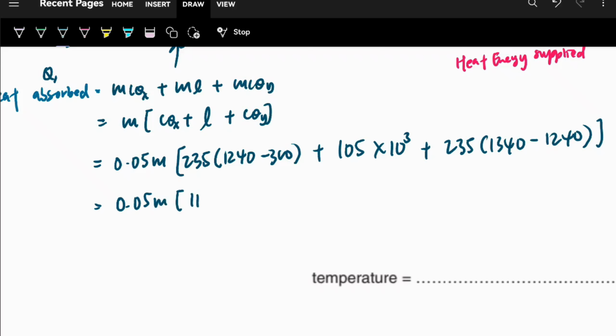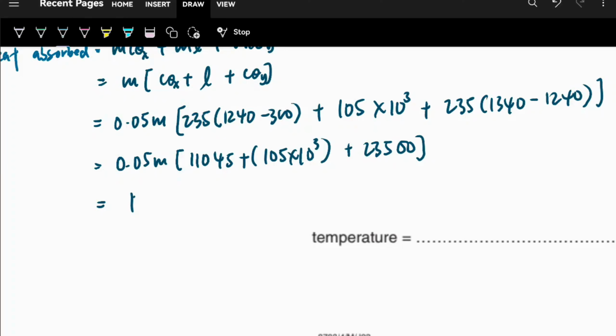This will give me 11045 plus 105 times 10 to the power of 3 plus 23500. And I will get 17470 M. So you'll get it in terms of M because you have your M here. So that is for silver.